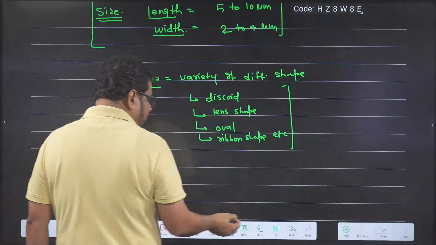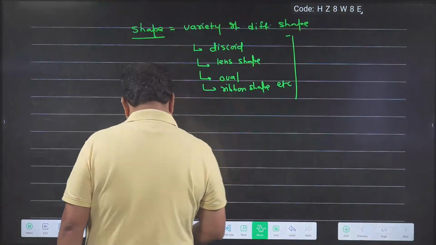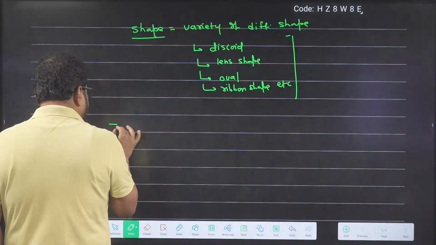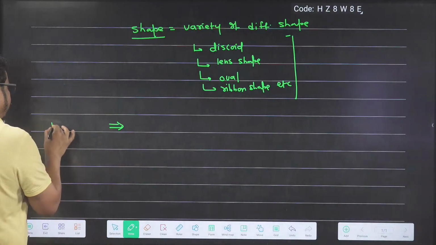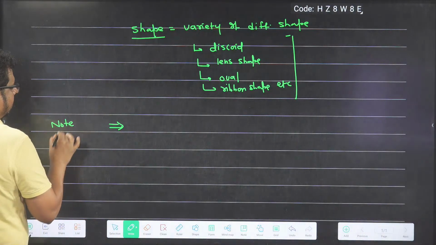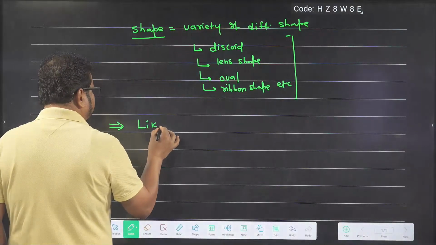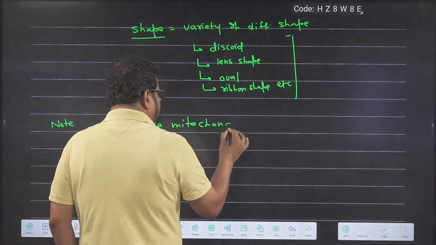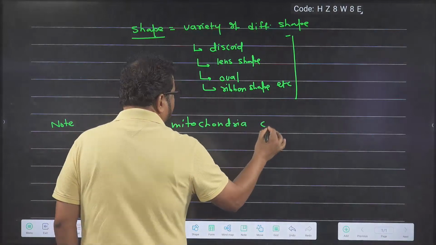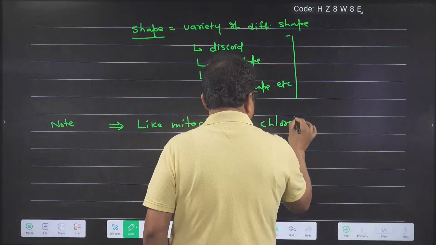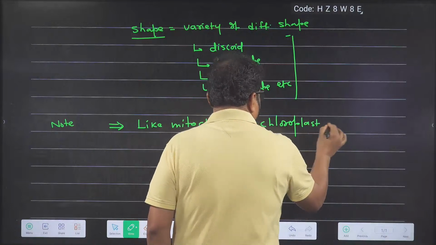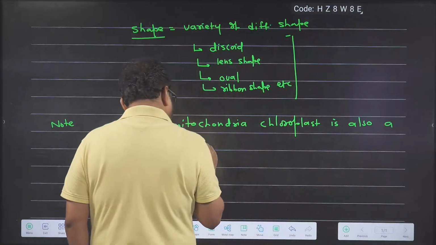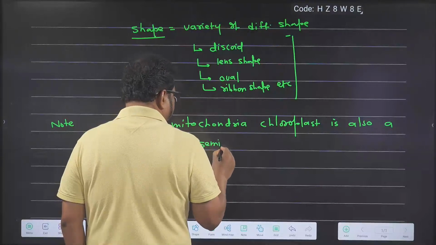Now we are going to talk about the structure of the chloroplast. But before moving, I just want to write one more line here. Note: like mitochondria, chloroplast is also a semi-autonomous cell organelle.